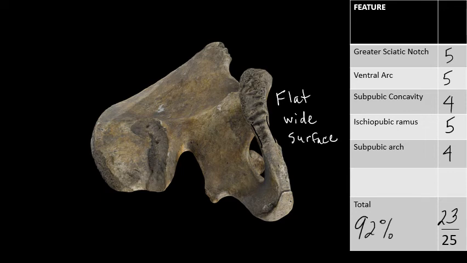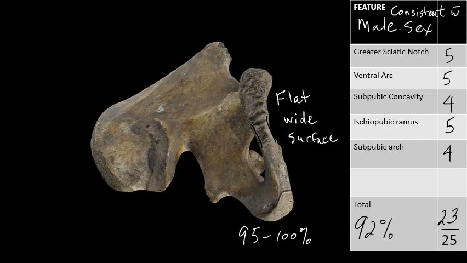I'm 92% certain that I am within that 95 to 100% accuracy. And I am confident looking at this innominate bone and defining it as male or consistent. We'll use a short form. It's consistent with the male sex.